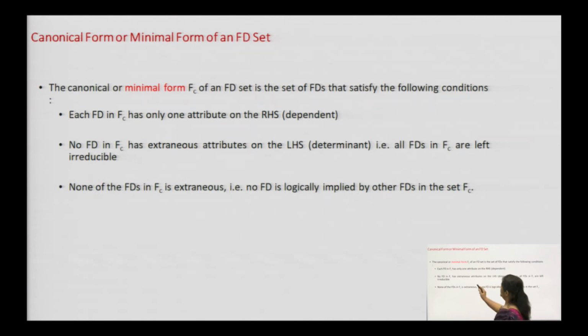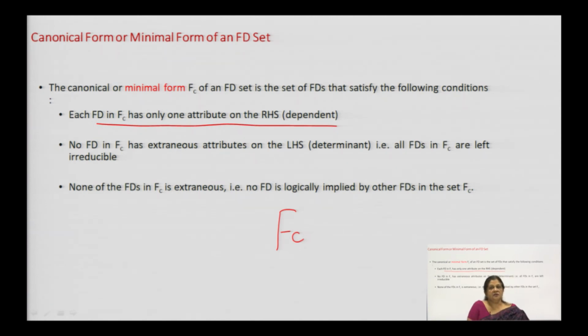To define the canonical or minimal form, given as FC, of a functional dependency set, it is the set of functional dependencies that satisfies three conditions. First, in the canonical form, we write only one attribute on the right hand side. That means we decompose the right hand side so that there is only one attribute in each functional dependency on the right hand side.